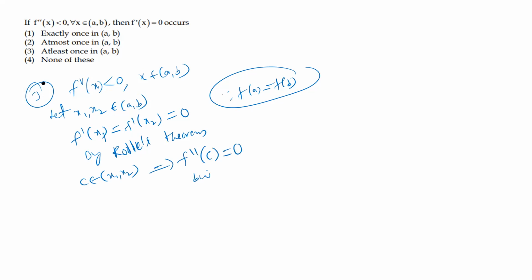But what is given? This f double dash of x value is clearly less than 0 for every x value of the interval a comma b. That's why exactly at 1 point we can't take. That's why it is at most once only that f dash of x is 0 is possible. At which point we can take exactly, any c point we can take.